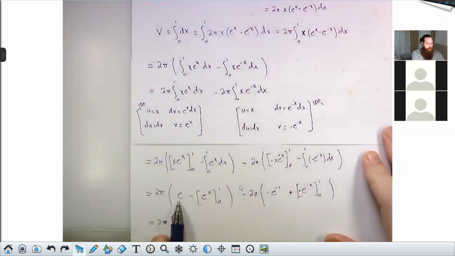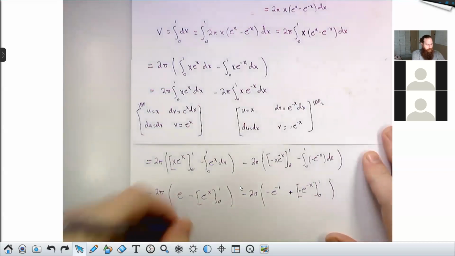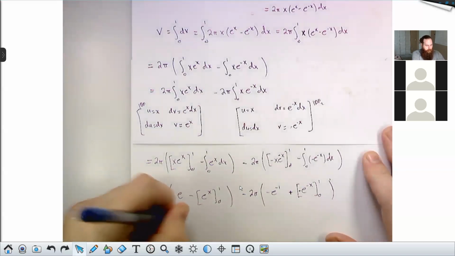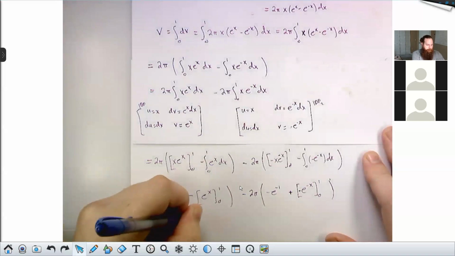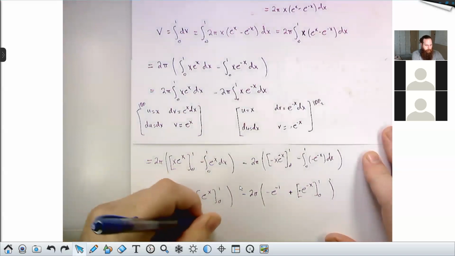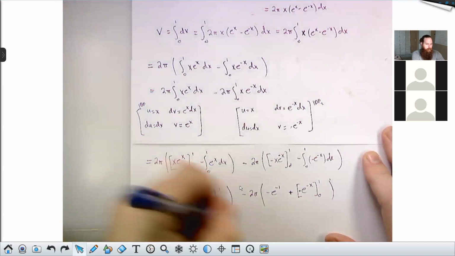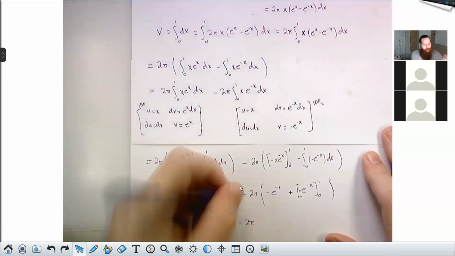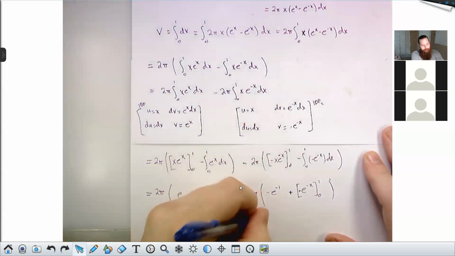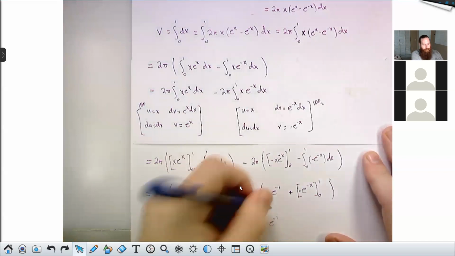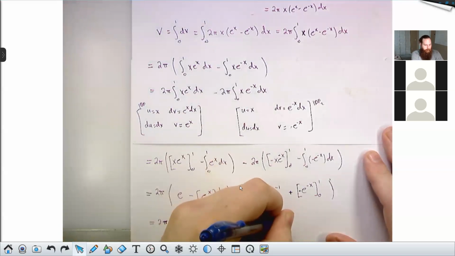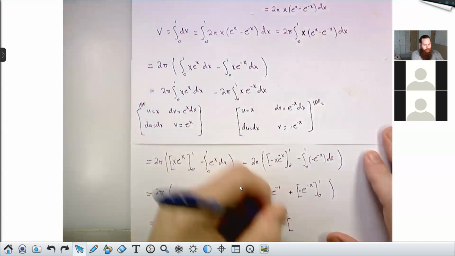So here this is e, and here when I evaluate between bounds, at the upper bound I'll have e, at the lower bound I'll have e to the 0, which is 1. So this is e minus 1. And then this piece will be minus 2 pi, negative e to the negative 1. And then this minus I could pop out, or I'll do it as it's written here, plus.